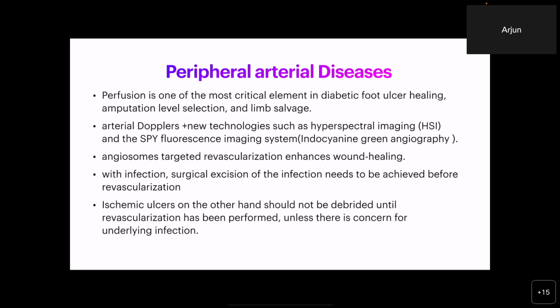Angiosome-targeted revascularization enhances wound healing. With infection, surgical excision of the infection needs to be achieved before revascularization. But in the case of an ischemic ulcer, debridement should be done after revascularization unless there's an underlying infection.